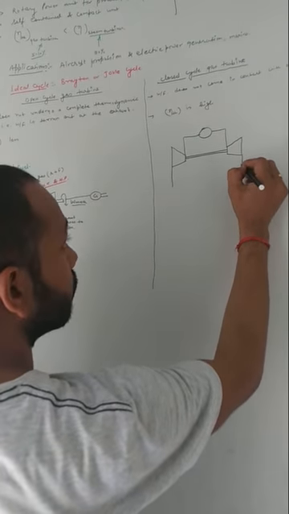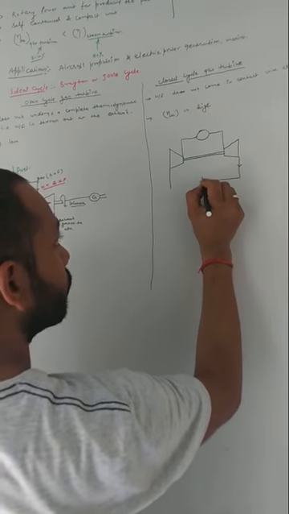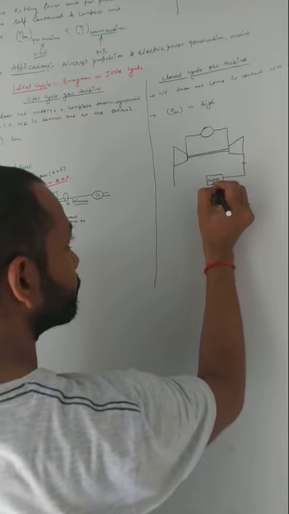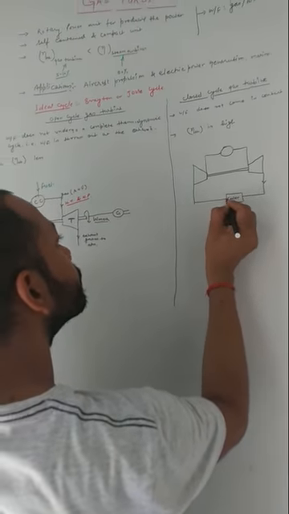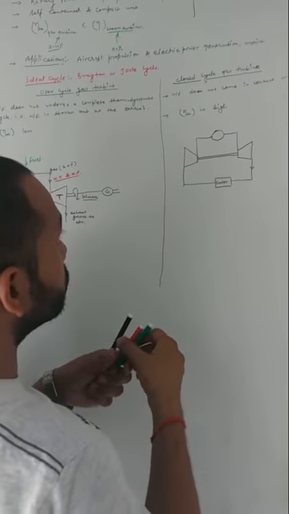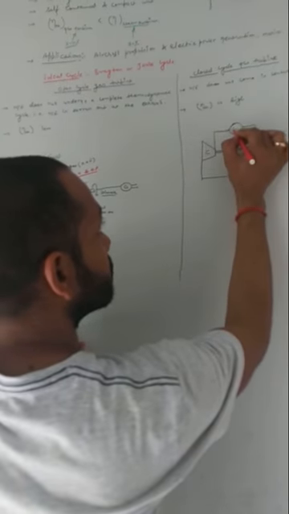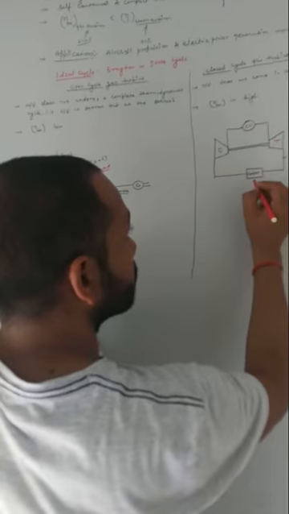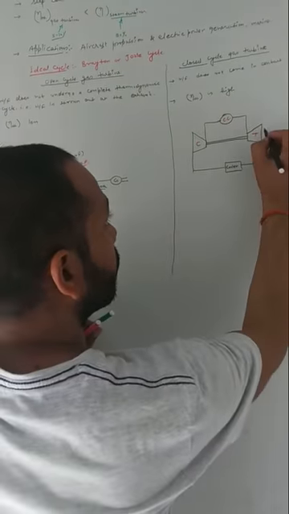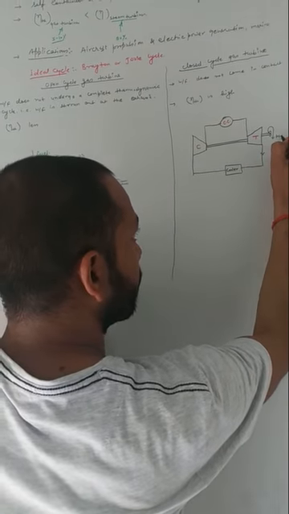After expansion, there is a rejection of heat. This is cooler. This is the complete cycle. That's why it's called closed cycle gas turbines. This is compressor. This is combustion chamber. This is turbine. This is cooler. Okay. So here there is an output shaft at which you will get W mechanical.